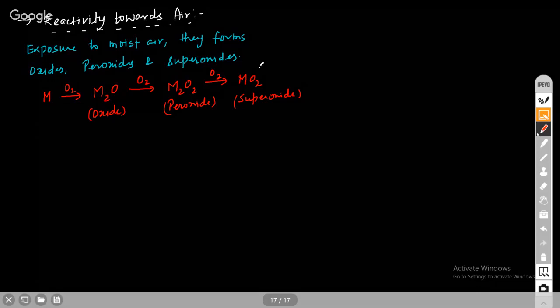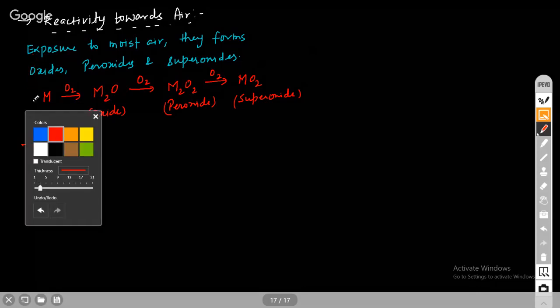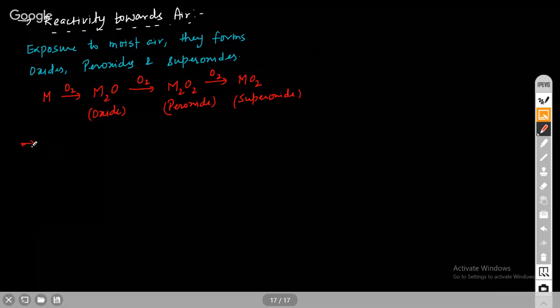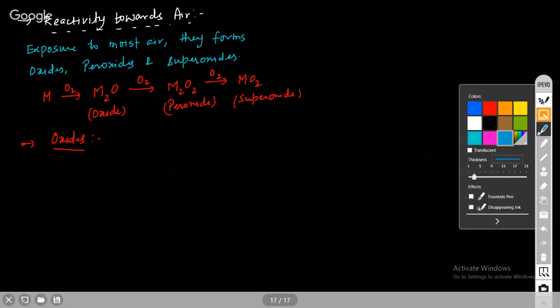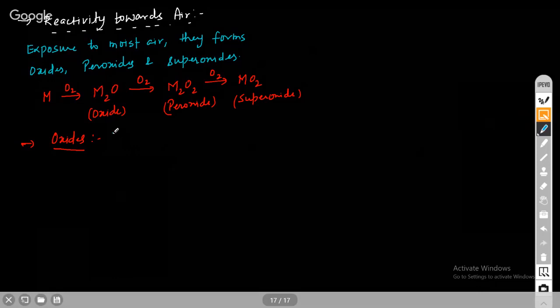Okay. Now when we talk about the normal oxides, the general formula is M2O type.